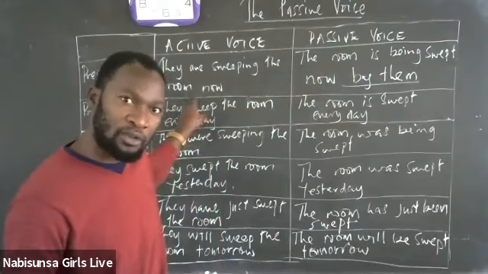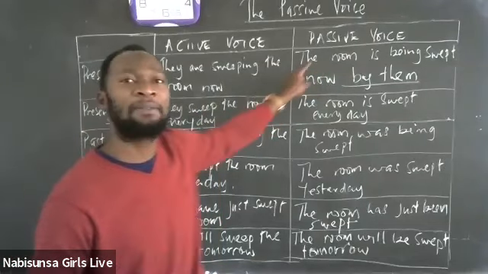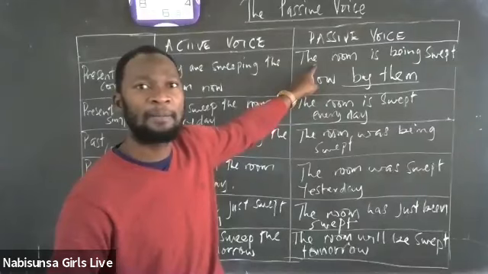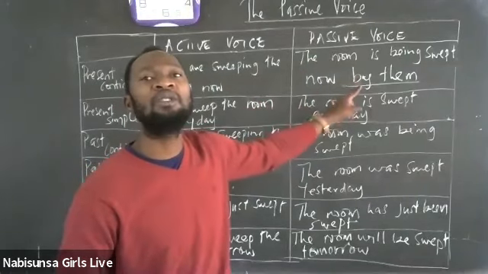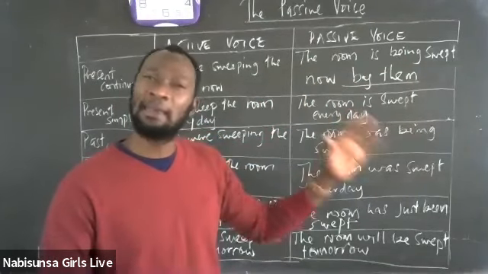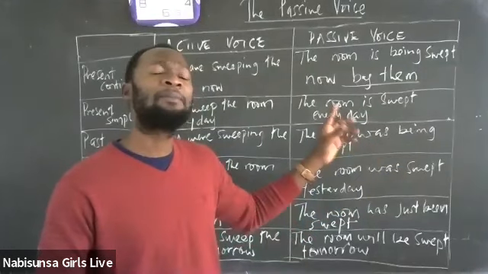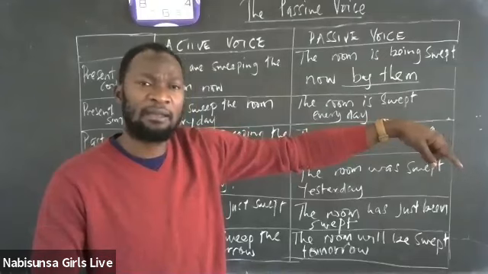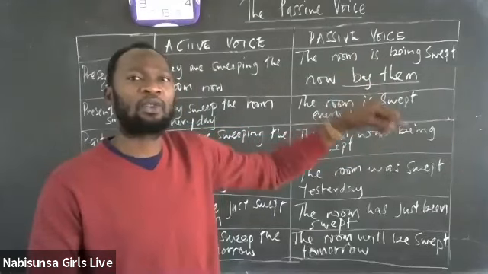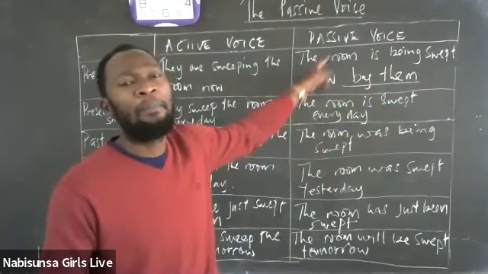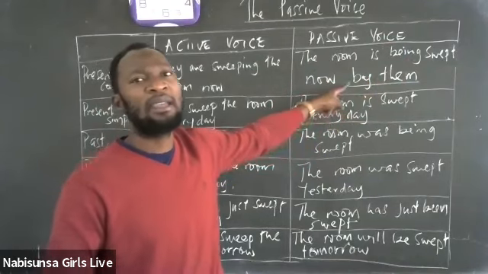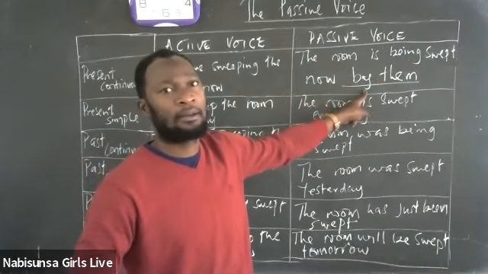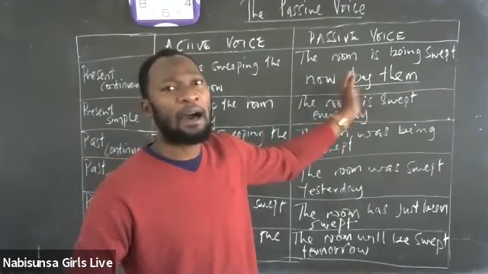What was the object of the original sentence now becomes the subject, all right? Now, it is okay to say by them, but now by them becomes an indirect object to the verb being swept. So this one here is totally forgotten. It is okay to leave it out.